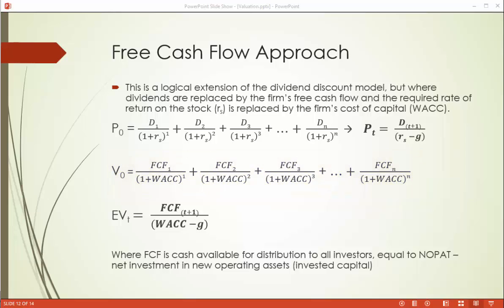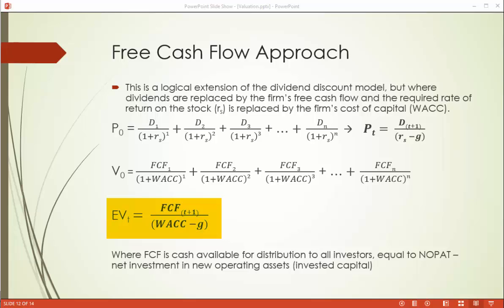So we can modify the model that we had, the constant growth model, and come up with a formula for the enterprise value of a firm. I've denoted that here: the enterprise value at any time period t is going to be equal to the free cash flow for the next period divided by the WACC minus the growth rate, if those free cash flows are growing at a constant rate.